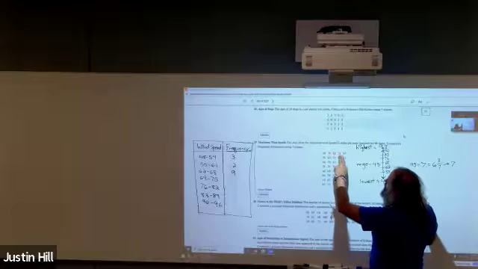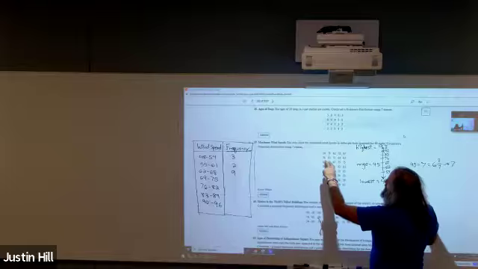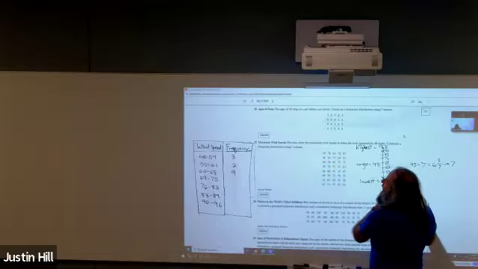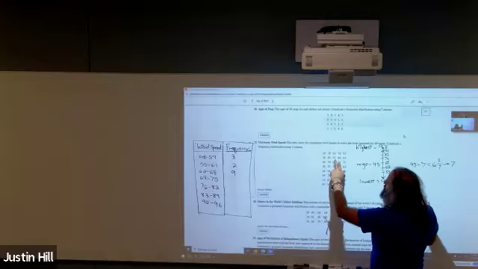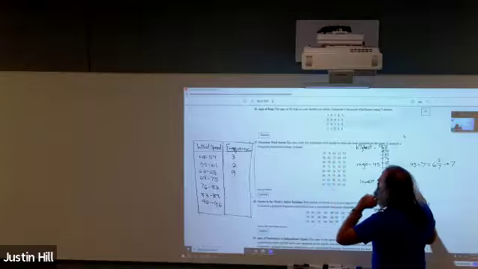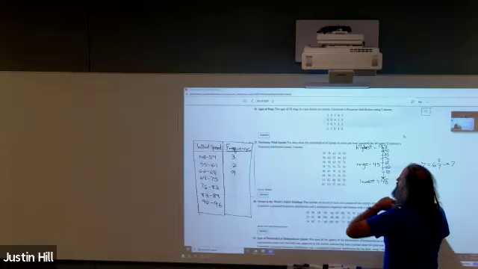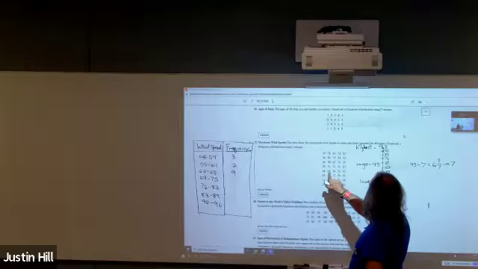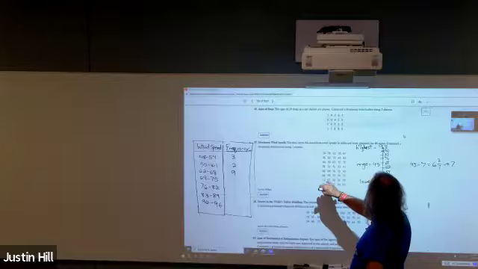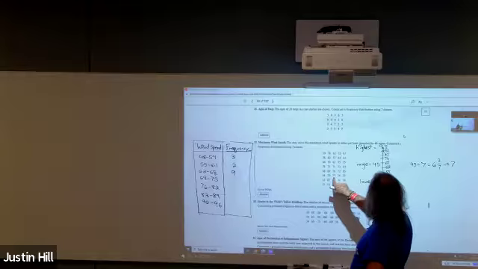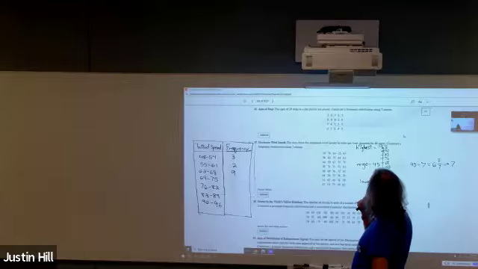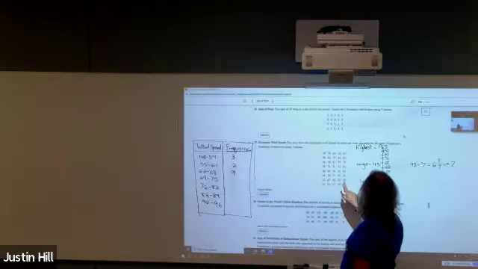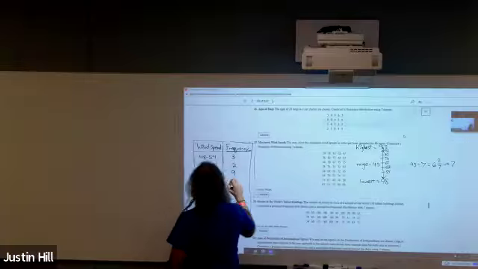It looks like we have 1, 2, 3, 4, 5, 6, 7, 8, 9, 10, 11, 12, 13. So it looks like 13 total states from 69 to 75.